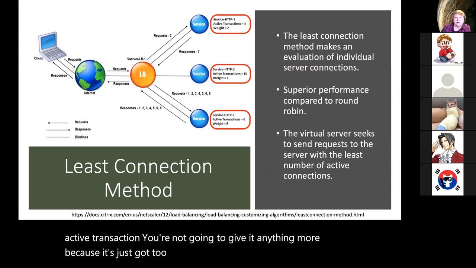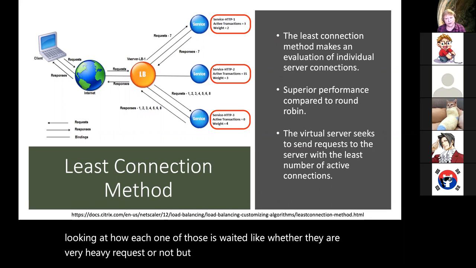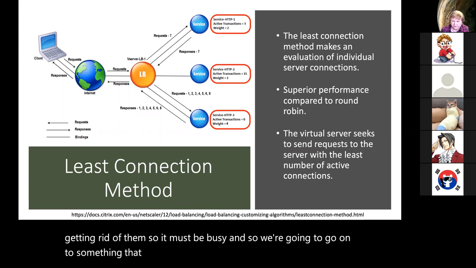It's still not looking at how each one of those is weighted, like whether they're very heavy requests or not, but it's got a lot and it's not getting rid of them. So it must be busy. And so we're going to go on to something that has fewer connections.